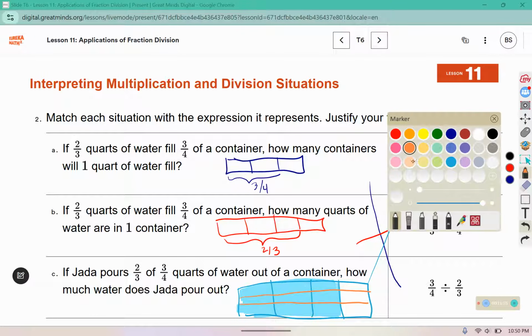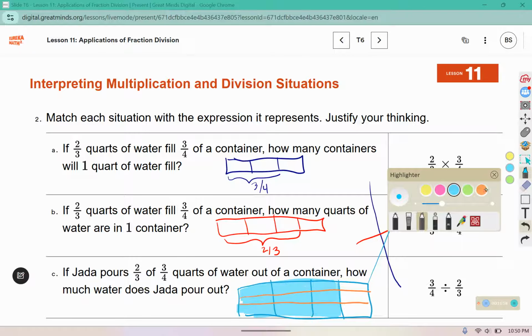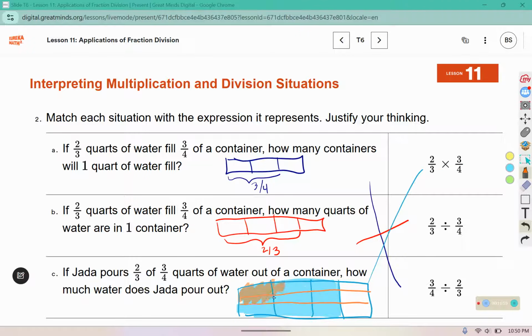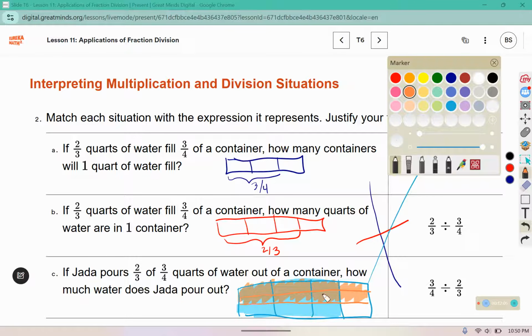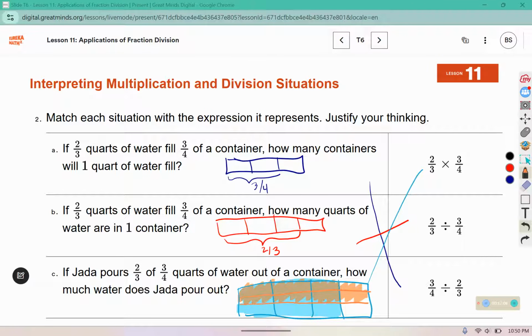And we would want 2/3, so we have 6 that are double shaded. 1, 2, 3. 1, 2, 3, 4, 5, 6. Out of 1, 2, 3, 4, 5, 6, 7, 8, 9, 10, 11, 12. 2 times 3 is 6. 3 times 4 is 12.